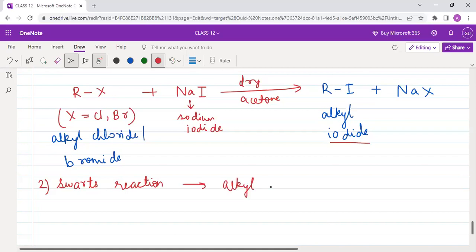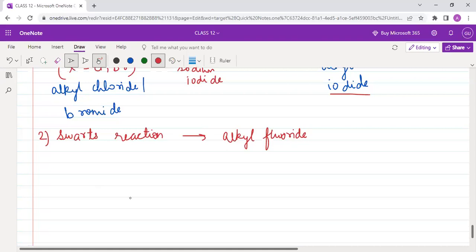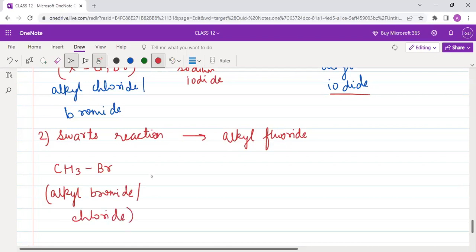So always remember the product: alkyl fluoride will be formed. We take an alkyl chloride or bromide in the presence of a metallic fluoride. Suppose we take the example CH3Br. This can be your alkyl bromide or chloride, anyone you can take. And you have to react this with a metallic fluoride. Suppose we take the metallic fluoride AgF.